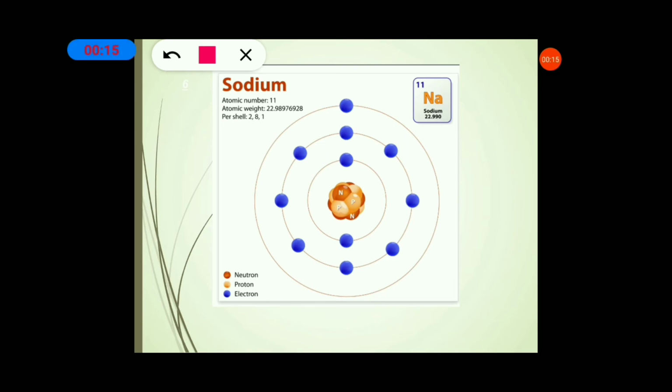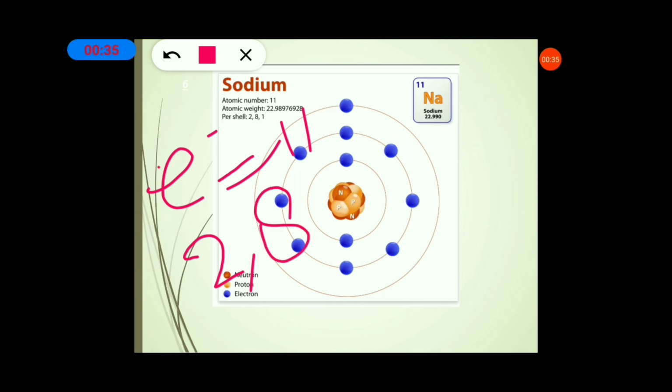In sodium, total electrons are 11. So according to the formula, the first shell can hold 2 electrons. 11 minus 2, 9 electrons are left. Second shell, 8 electrons. 9 minus 8, 1. Now the last 1 electron is left. That will come in the third shell. So K shell 2 electrons, L shell 8 electrons, M shell 1 electron.